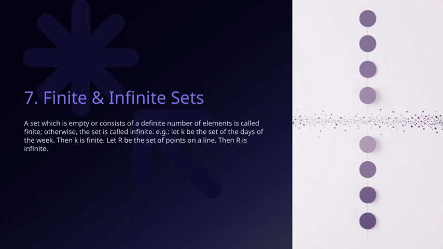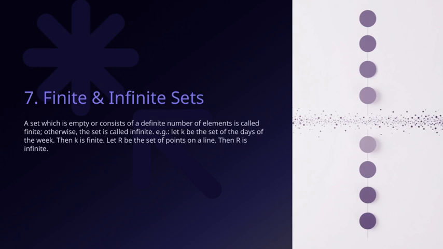Let's talk about finite and infinite sets now. When we say a set is finite, we mean it either has no elements at all or it has a specific, countable number of elements. For example, think about the set of days in a week. That set is finite because it has exactly 7 elements. On the other hand, if we consider the set of all points on a line, that set is infinite because there are endlessly many points.